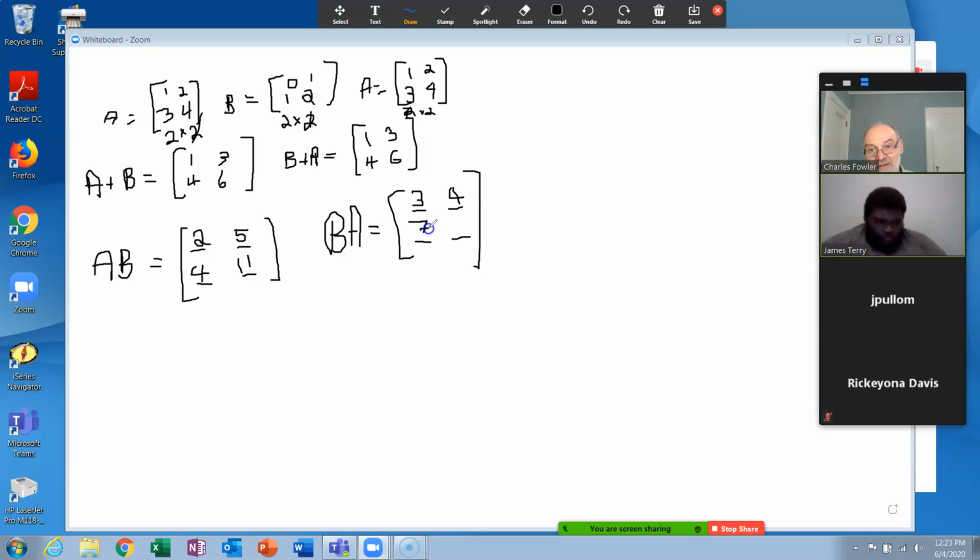Okay, it's an ugly 7, but live with it. This entry here is the second row, second column. So we take the second row of B, multiply it by the second column of A, adding the products as you go. So 1 times 2 is 2, plus 2 times 4 is 8. 2 plus 8 is 10.